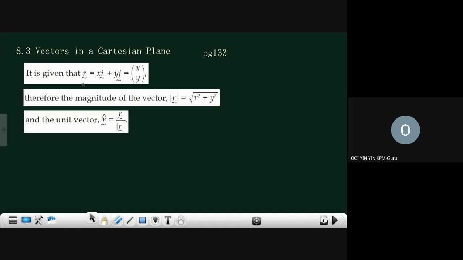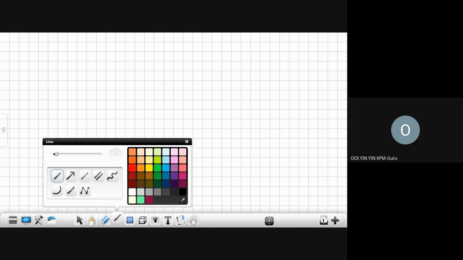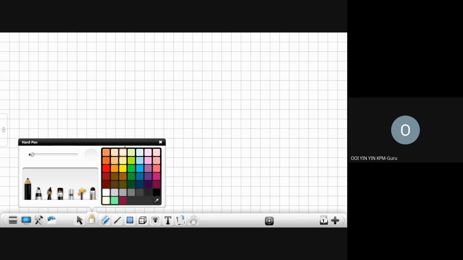What is the difference between these two forms? I want to show you here. Why don't we start like this? Let's say this is your Cartesian plane.